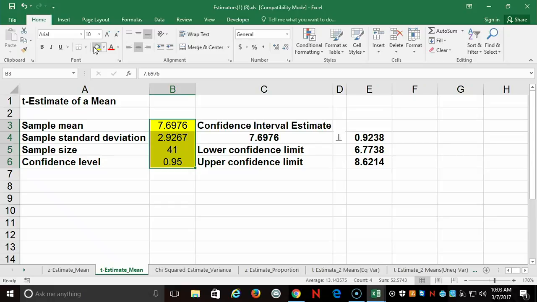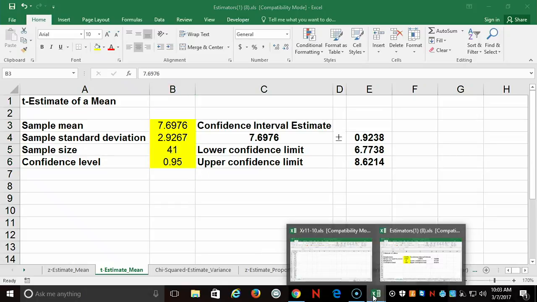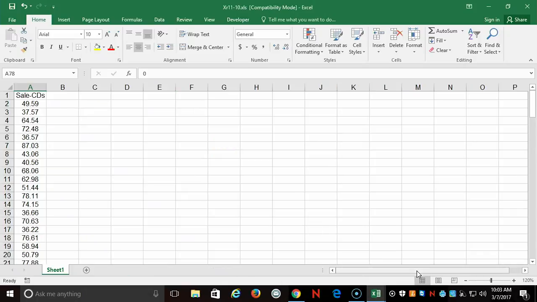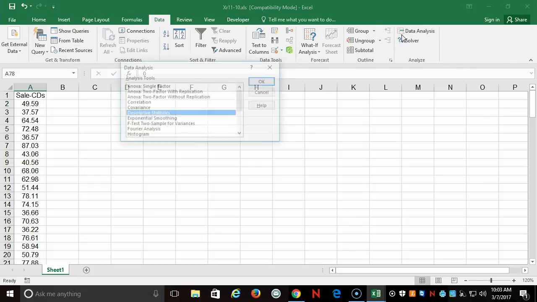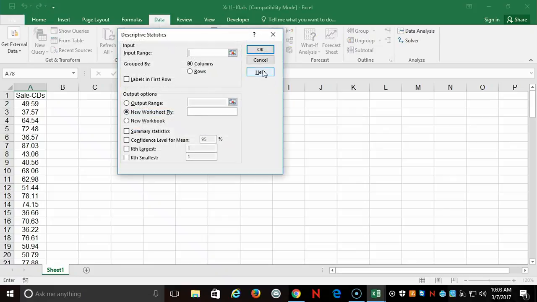So let's do this one. I'm going to go to 1110. How am I going to analyze this data? Data analysis, descriptive statistics.